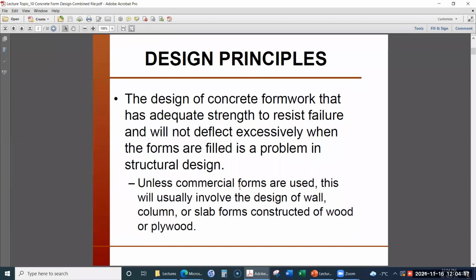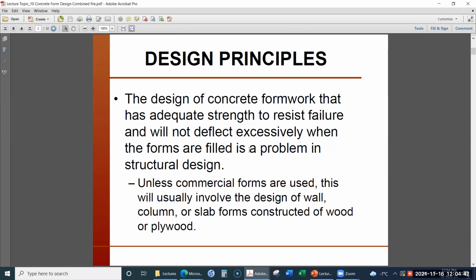Those wood-based or plywood formworks need to be properly designed for use with concrete. When the concrete is placed on those formworks, the concrete has loads, and under these loads, the formwork can deflect.